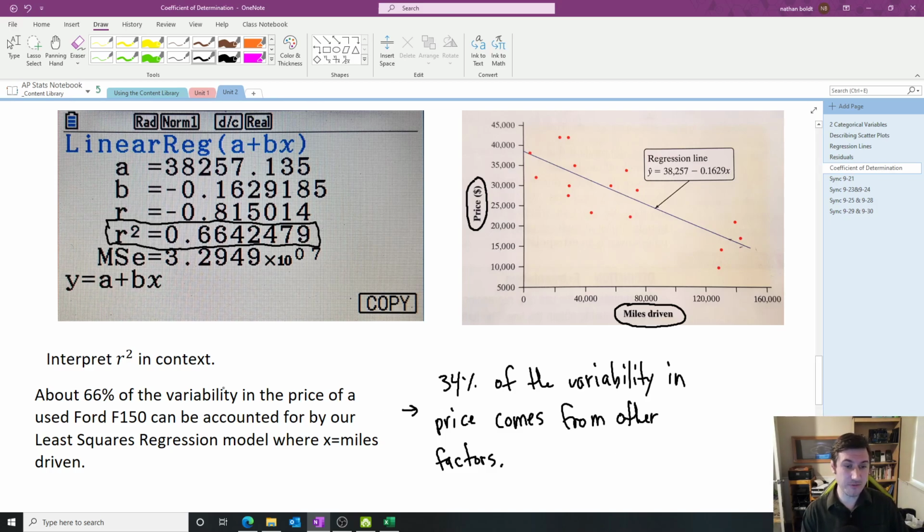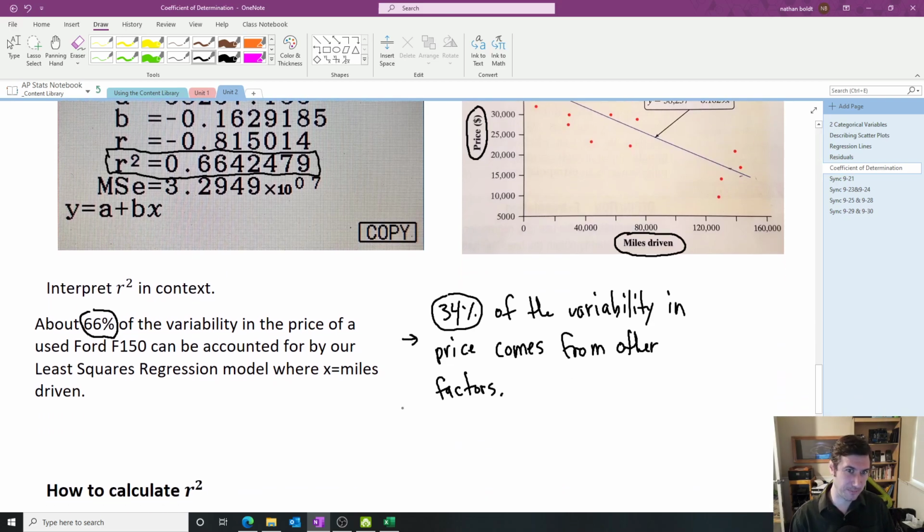So a lot of the variability in price, 66%, is accounted for by how many miles have been driven. But 34% is coming from other factors, other things that we just don't know from our data set. All right, that is r squared.